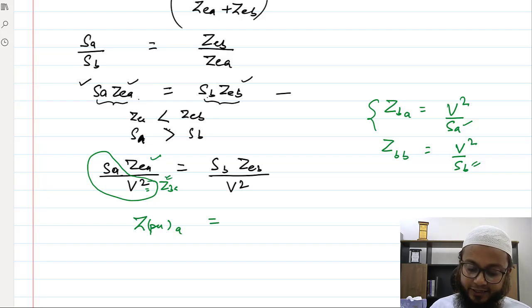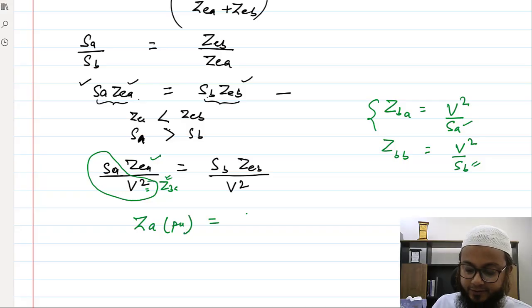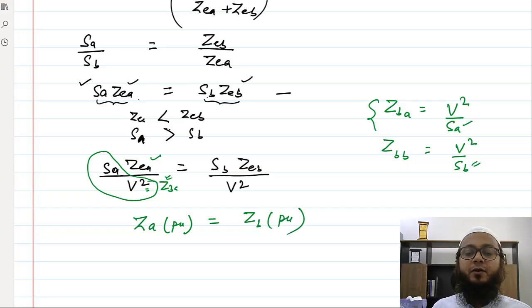So Z per unit A of transformer A, or the better way of writing it, Z A per unit would be equal to Z B per unit. So what does that mean?